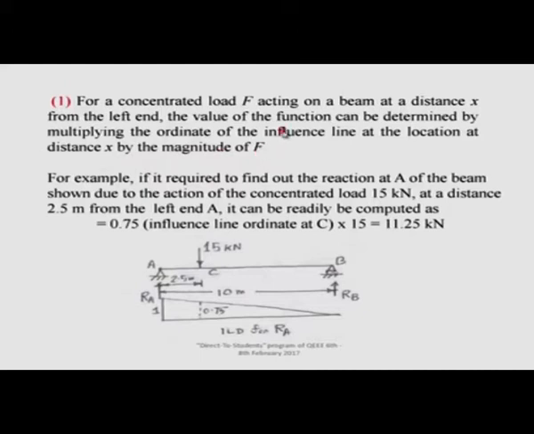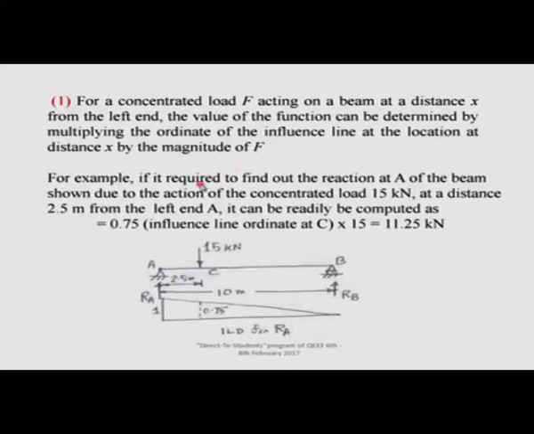Now, you can easily guess the efficacy of drawing this diagram. The diagram is ready, the ordinates can be easily determined, and of course, this type of simple thing can be easily programmed in computers.